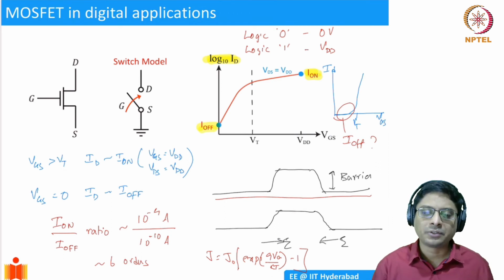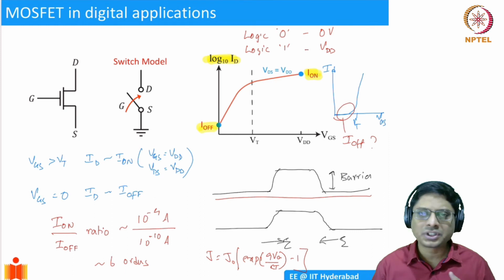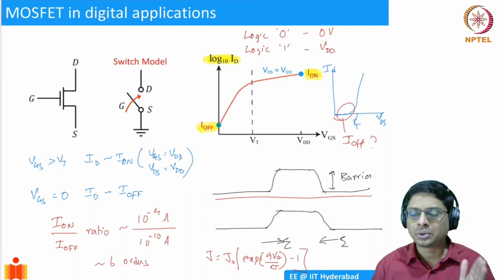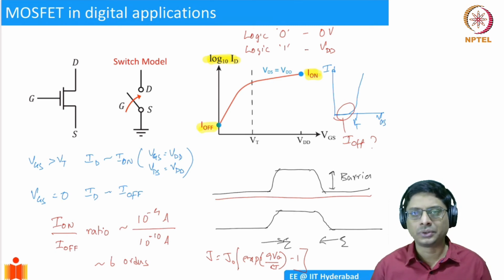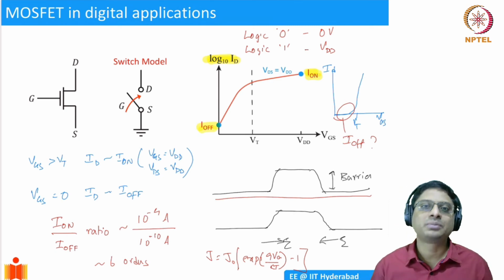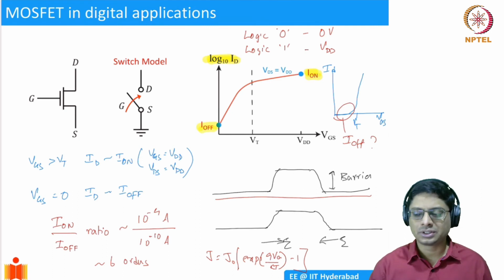We want this to be as high as possible, because whenever you turn on the MOSFET, you want the current to flow. When you switch it off, you don't want any current to flow. Why? Because the moment current flows, you are consuming power. For example, if you just put the cell phone on a table and you're not using it, it's in the off state, and the processor has to be in the off state, right?